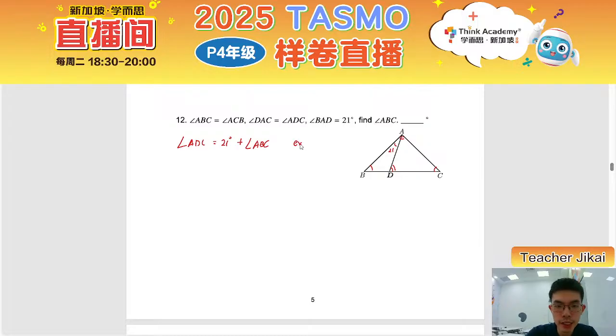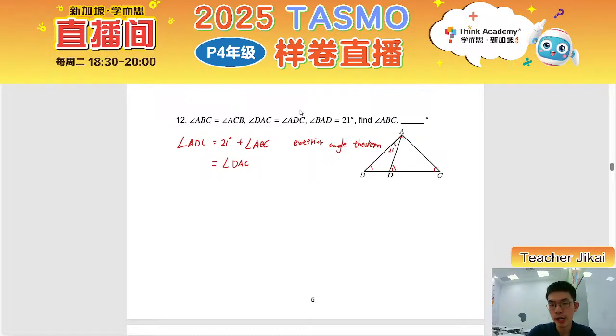Because of the exterior angle theorem. ADC is an exterior angle, and it should be the sum of the other 2 interior angles, which is 21 and ABC. And then we know ADC will be equal to DAC here. So DAC will also be equal to 21 plus ABC.